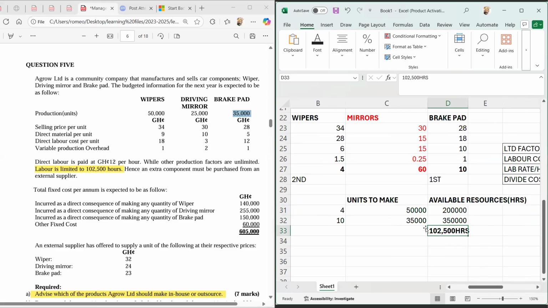We know we can produce the 10 with this one, which will give us a maximum of 350,000, right? So in order for us to get the units we produce, what do we have to do? We just have to take this one from this. Do you get it, Manasseh? So here is 102,500 minus 350,000, right?